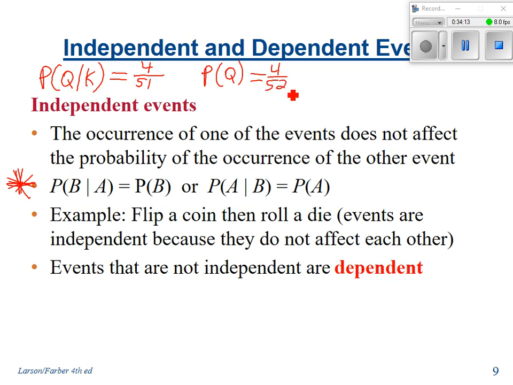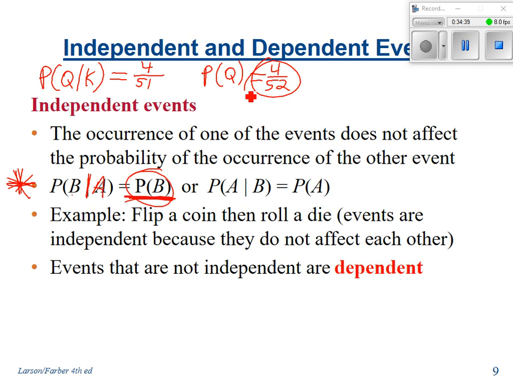What this is saying is if the events are independent of each other, then the probability of B occurring given that A has already occurred shouldn't be affected. It should be the same as it would have been without all that.